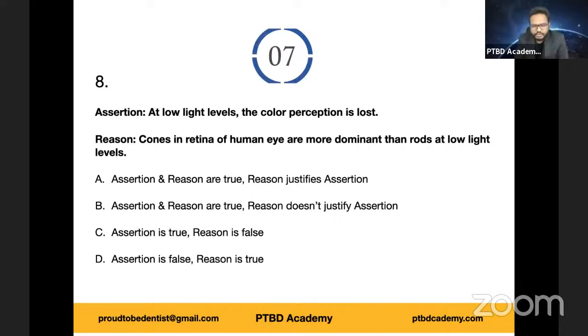It's an optical illusion, which we call the Bezold-Brücke effect, as all of you are already aware. So if in the reason, instead of cones, we place rods, like rods in the retina of humans are more dominant at low light conditions, then in that case, you can go with option A. But with the given wording, option C is more appropriate.